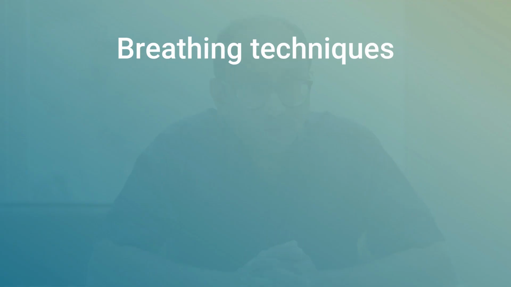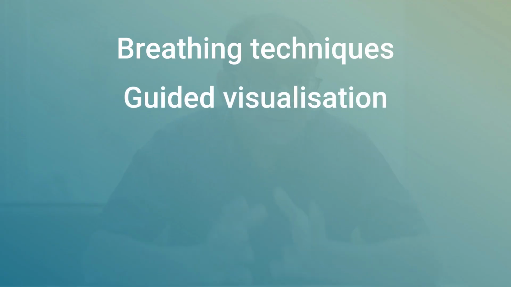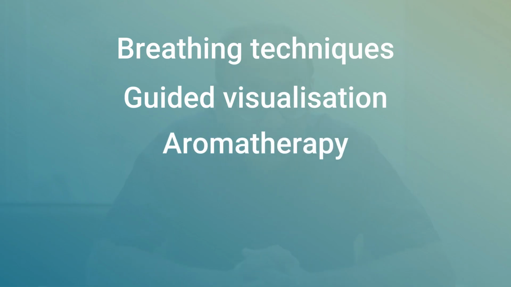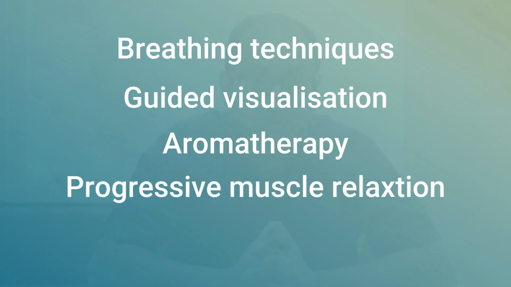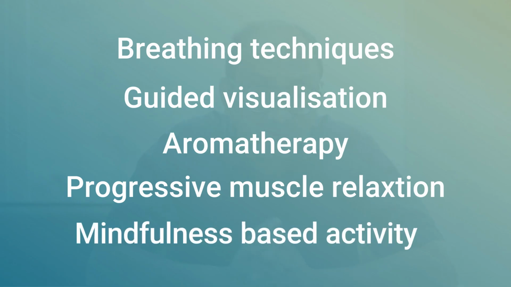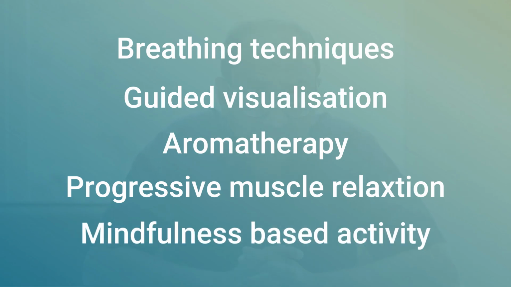The second approach is guided imagery or visualization approaches. The third one is going to be aromatherapy. The fourth is going to be progressive muscle relaxation based techniques. And finally, the last one is mindfulness based activity, whether that's meditation.